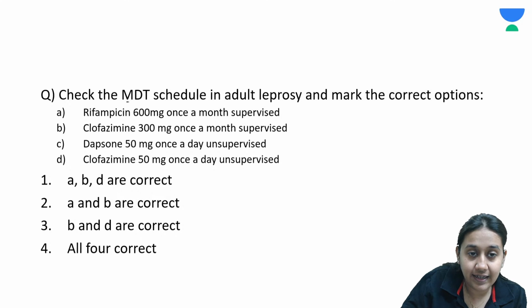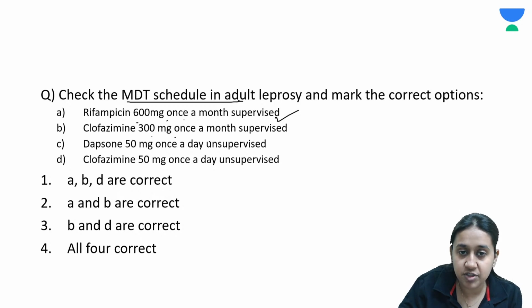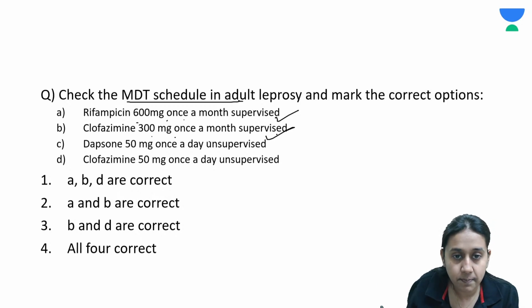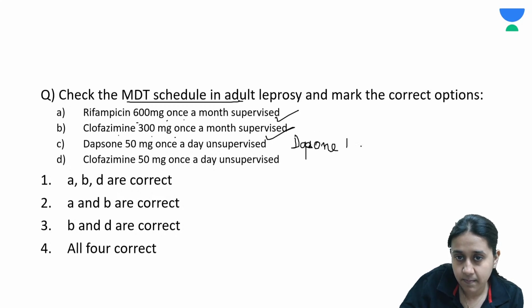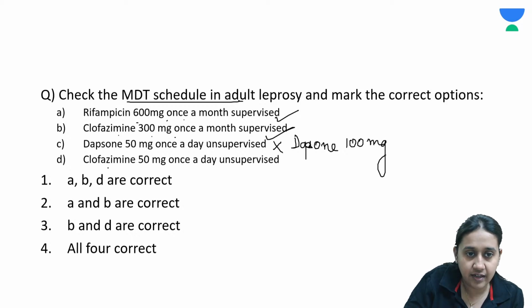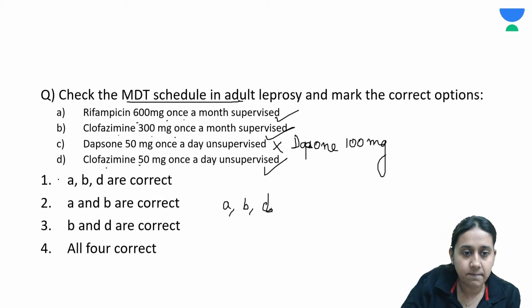Please remember, in an adult patient you give rifampicin 600 mg once a month supervised, that is true. Clofazimine 300 mg once a month supervised, true. Dapsone is 100 mg, not 50 mg, so that is false. And clofazimine 50 mg daily, that is true. The correct answer is A, B and D.